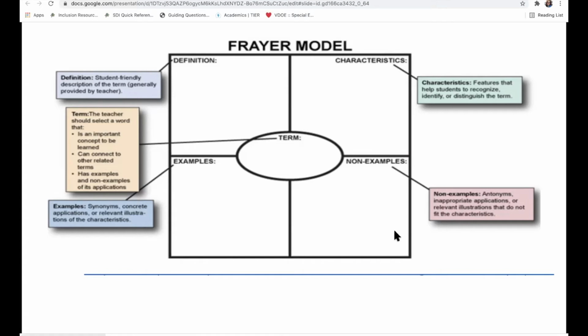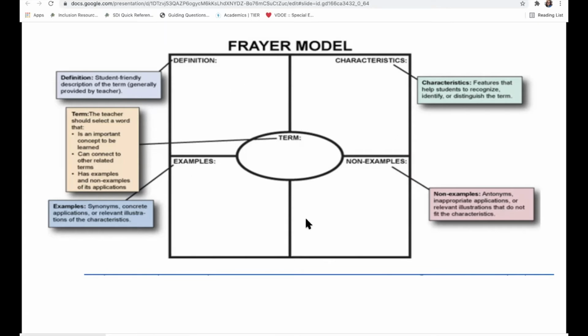Definitely have them try to draw or find and glue in some examples and non-examples. This is important for our students. Being able to see those is extremely important. So there are different ways that you can modify this if need be.